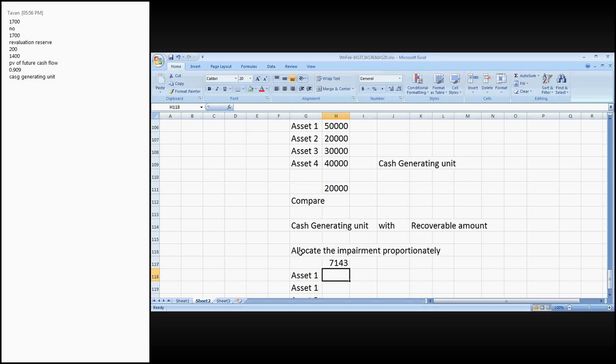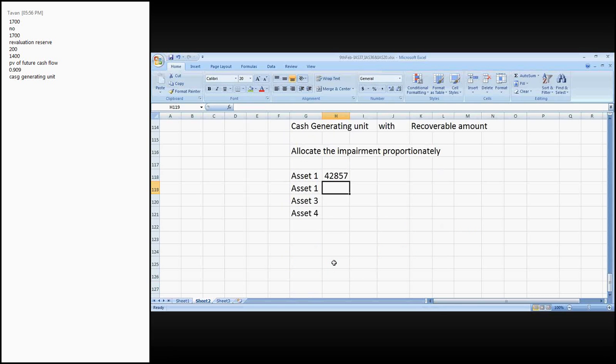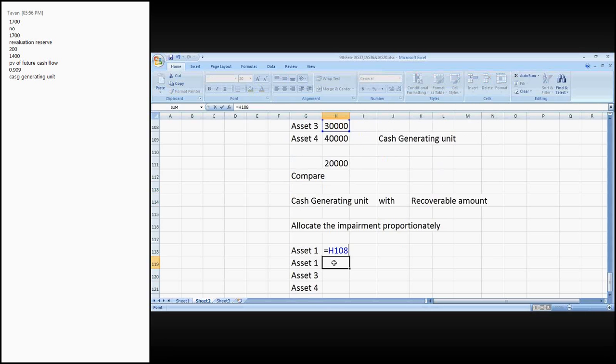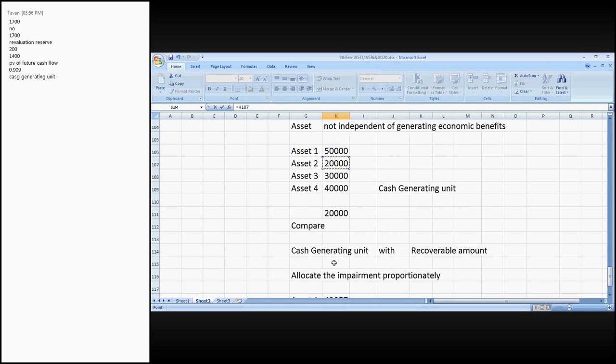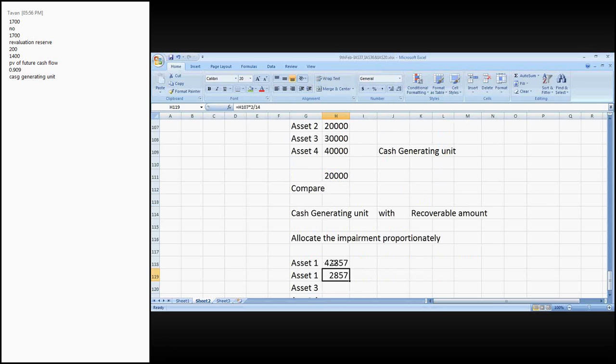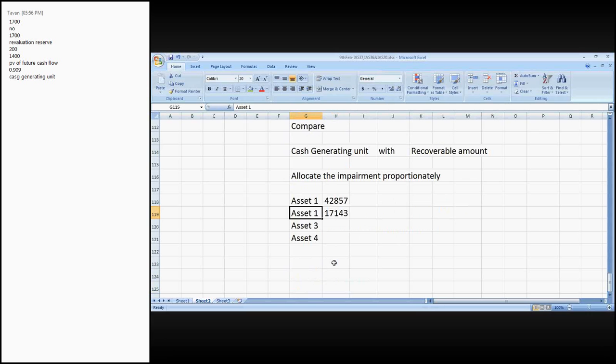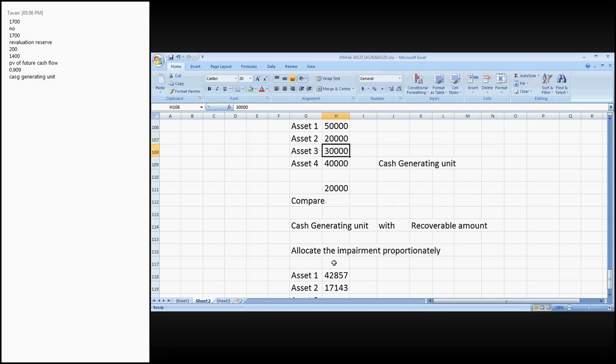That is 7,143. So I'll reduce the asset value 50,000 minus 7,143. This is the new value of the asset. For asset 2, 20,000 into 2 by 14 is the impairment, 2,857, so the new value will be 20,000 minus 2,857. Asset 3 is 30,000.